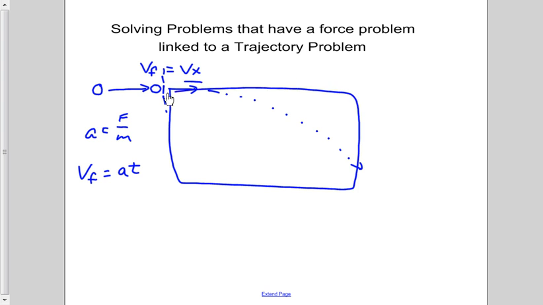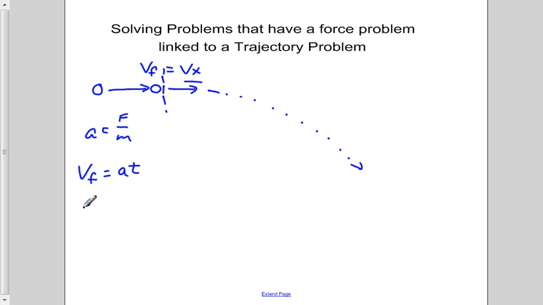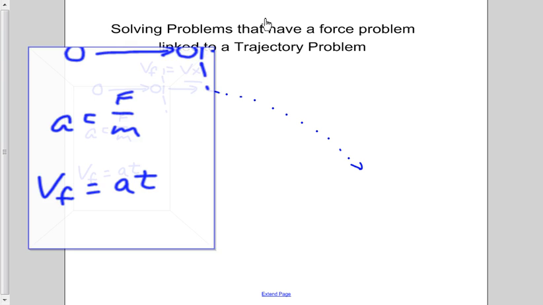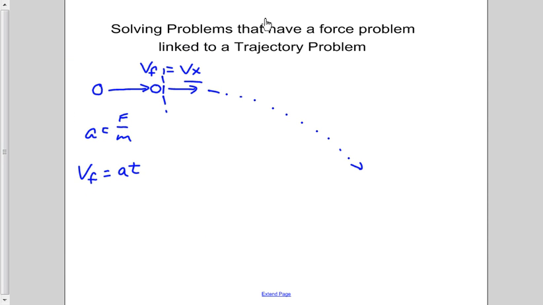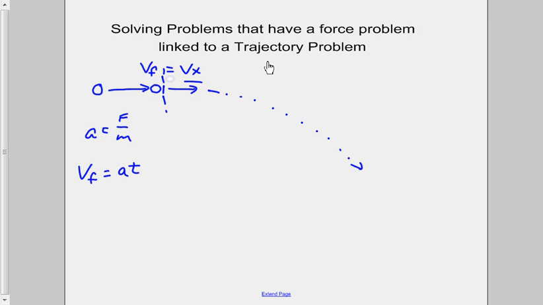And all the information that was given here about the dynamics of the push on the table stopped mattering. So the key to solving any kind of force problem linked to a trajectory problem is finding the speed at the moment the force problem ends and the trajectory problem begins, assuming of course that force problem starts the trajectory.